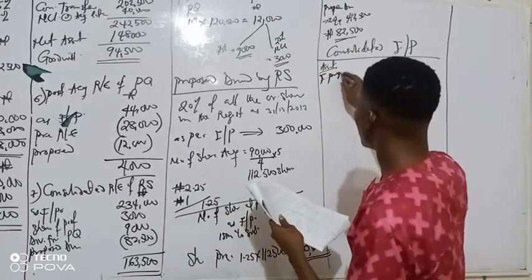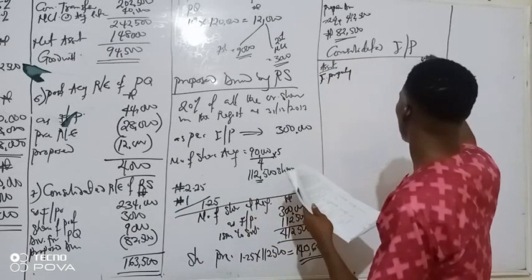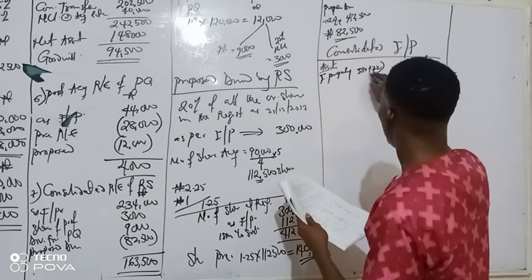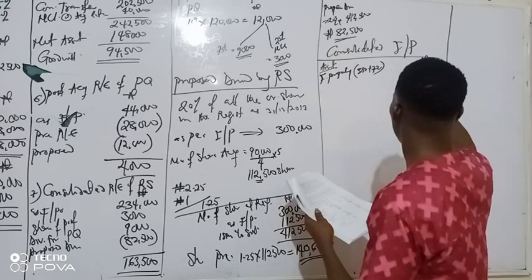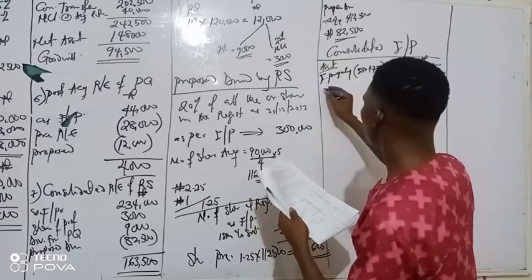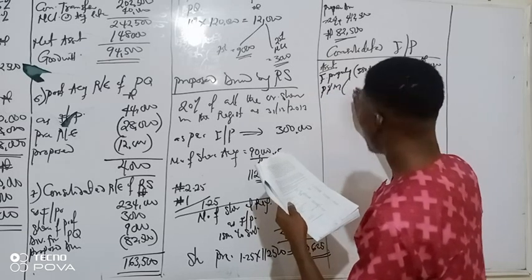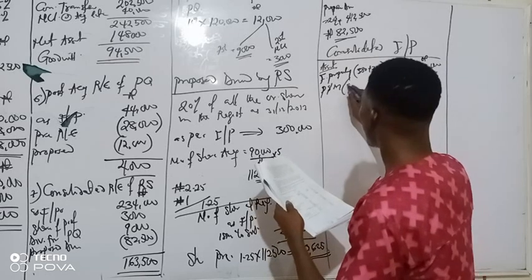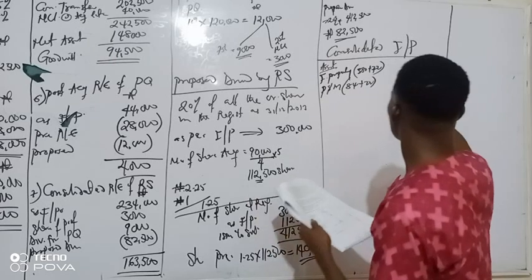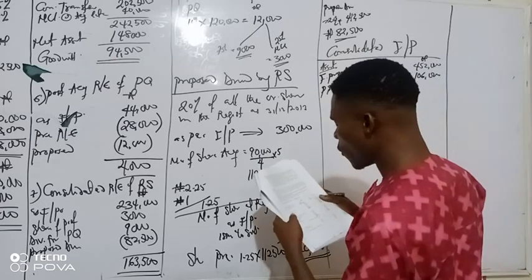Freehold property: 380 plus 72, that is 452,000. Plant and machinery, just pick the carrying amount straight away: 84 plus 22, that is 106,000.